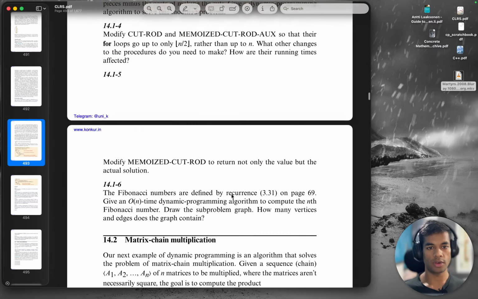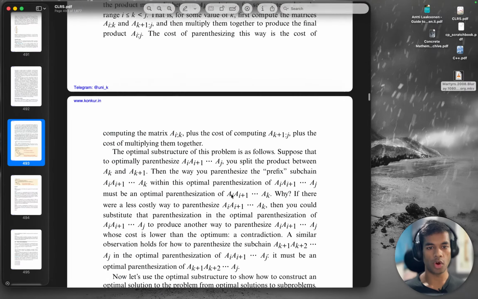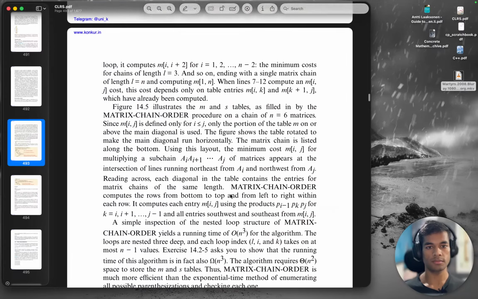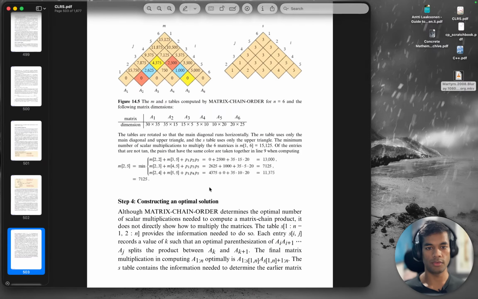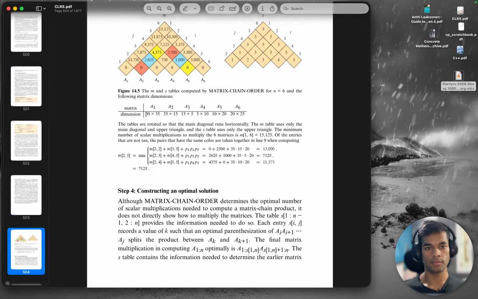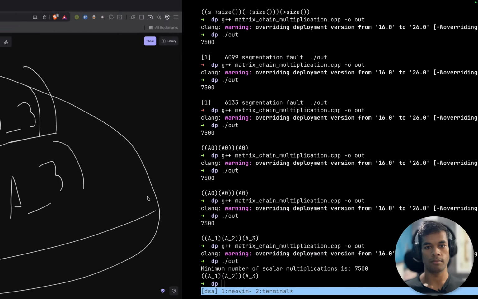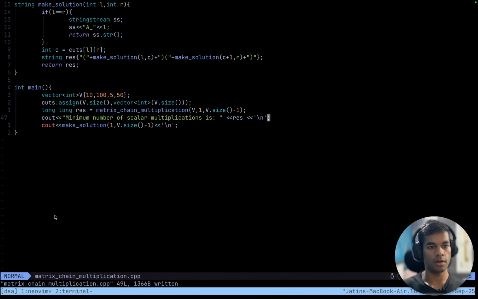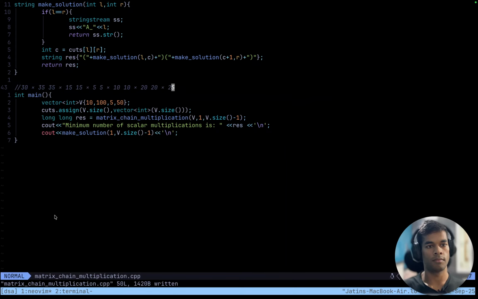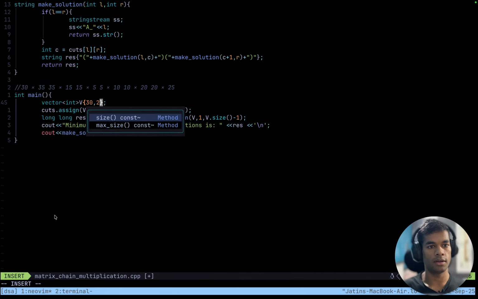So we also had another example which was more complicated. Let's run our new code with that one, this one, which was a bit longer. And it has 30, 35, 15, 5, 10, 20, 25.